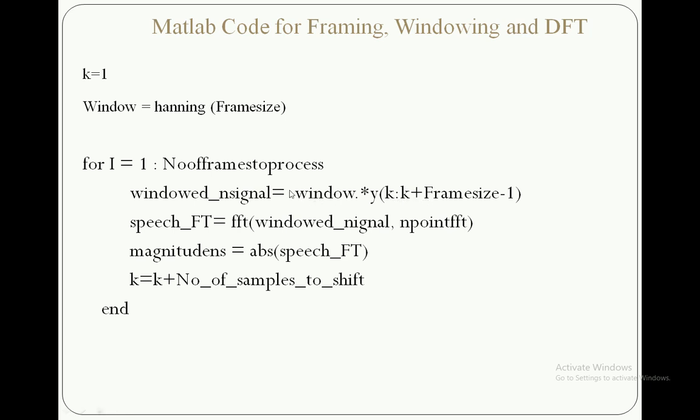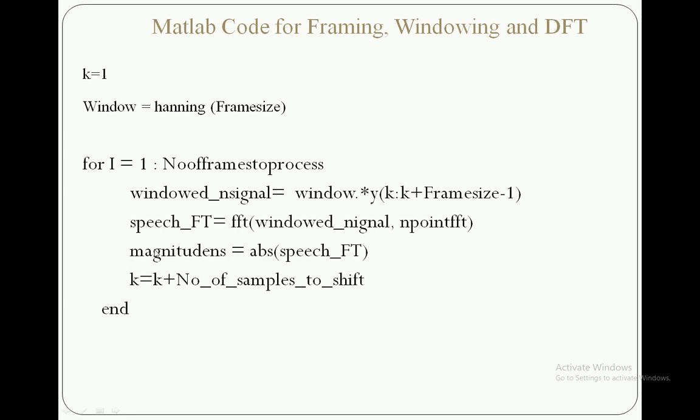We are multiplying the 1 to 160 samples with the window, for the very first frame, and the resulting signal is the first windowed frame. We apply the FFT to it, and we get the magnitude by writing the absolute value. So for the first frame you got the DFT coefficients.